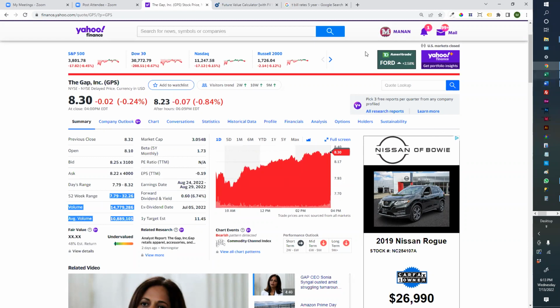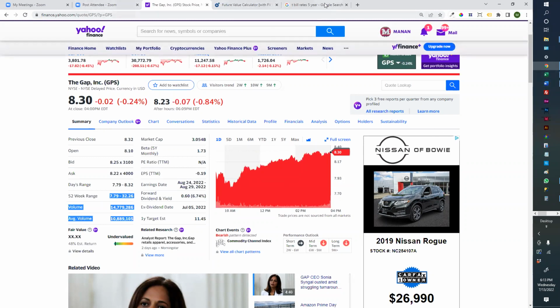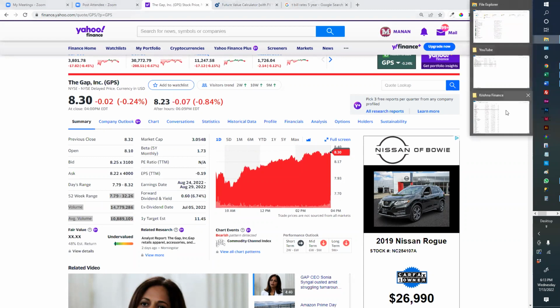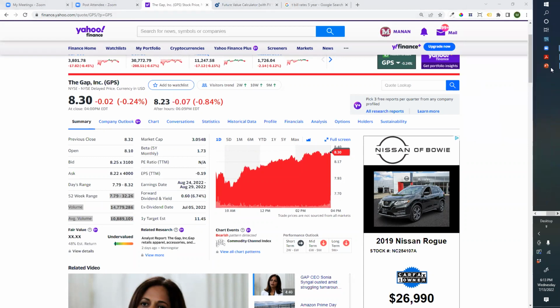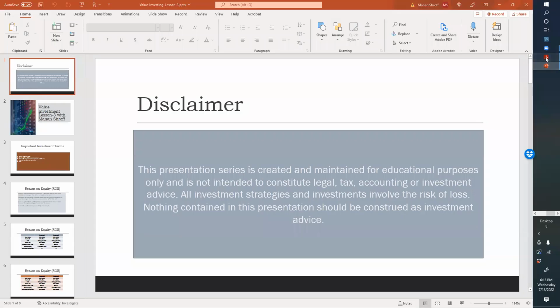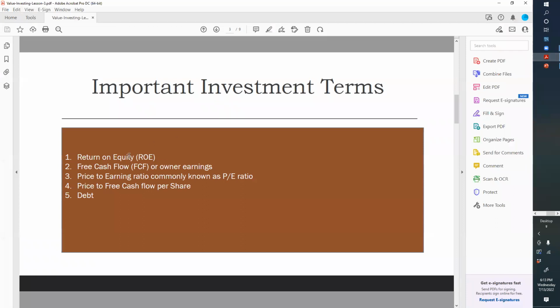So in this lesson, what we saw today is the method of how we can estimate the future price of a company using return on equity.